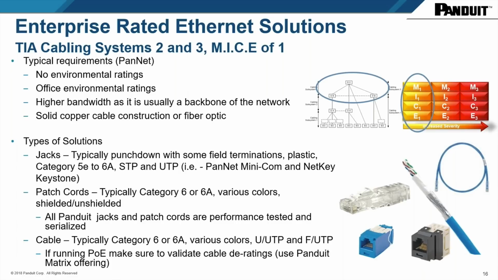And you'll see here that the TIA system 2 and 3, sometimes we use a level 1 product. And why do we do it? Because it's running inside enclosures. So in a level 1 type product, you would expect to have no environmental rating issues, office grade. You will have higher bandwidth. You would need solid copper cabling and fiber in some instances to run these networks.